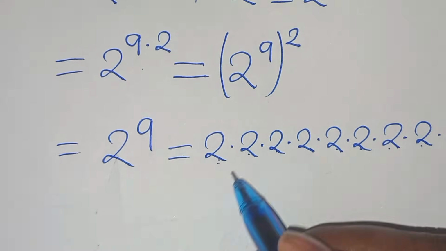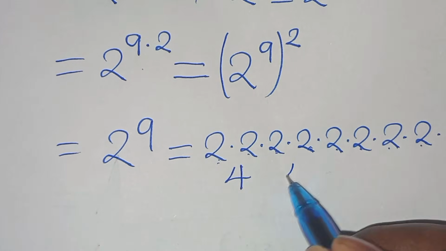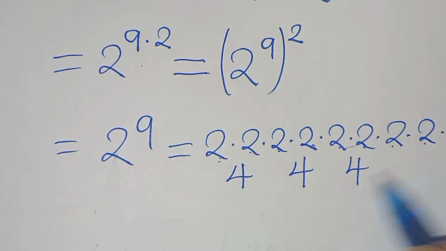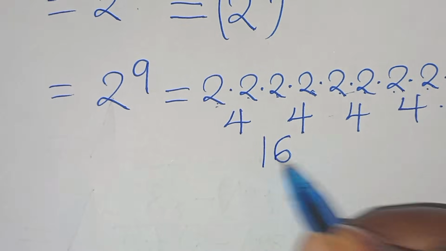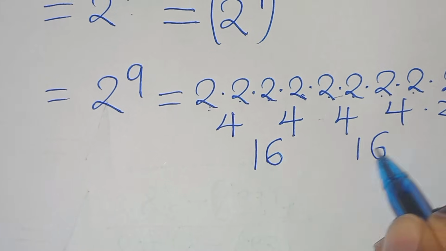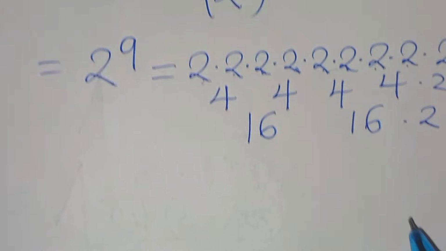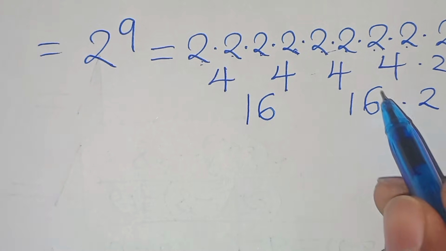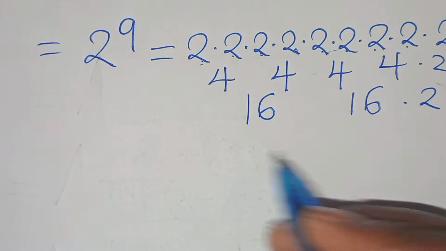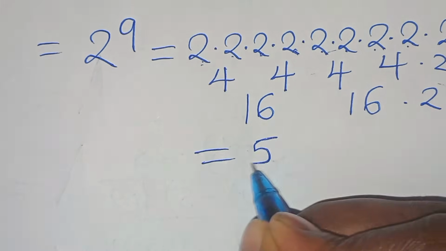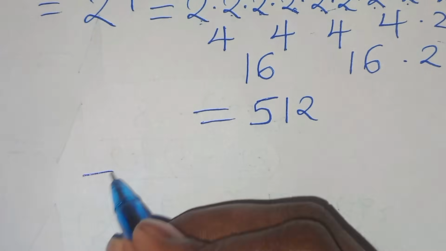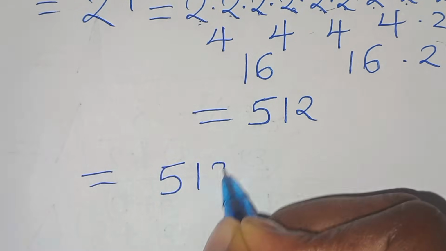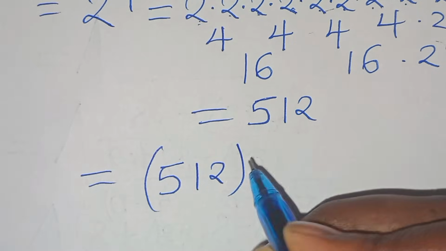So 2 times 2 is 4, 2 times 2 is 4, then 2 times 2 is 4. Then 4 times 4 is 16. Then 16 multiplied by 2, 16 times 16 is 256, times 2 is equal to 512. So we have here 512 raised to the power of 2.